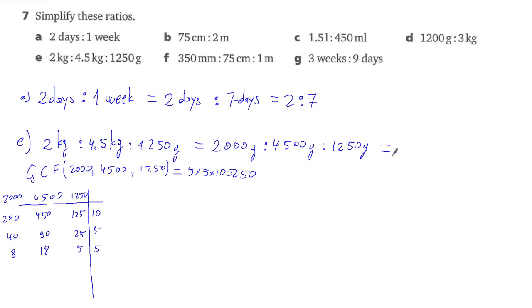So we can divide all of this by 250, but why do that when our answers are directly here? So it's 8 to 18 to 5. This is our final ratio. Alright, let's continue with another exercise.